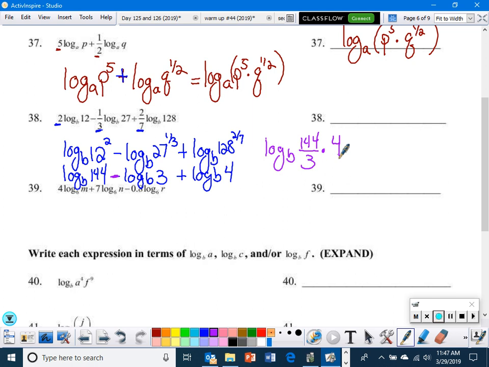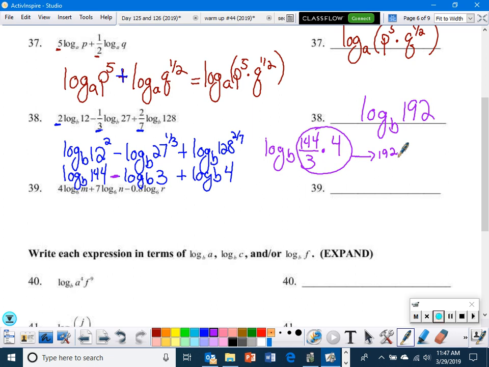If I figure that out, 144 divided by 3 times 4, we should get 192. Again, when there's no variables involved, you need to simplify it, break it down as much as possible.